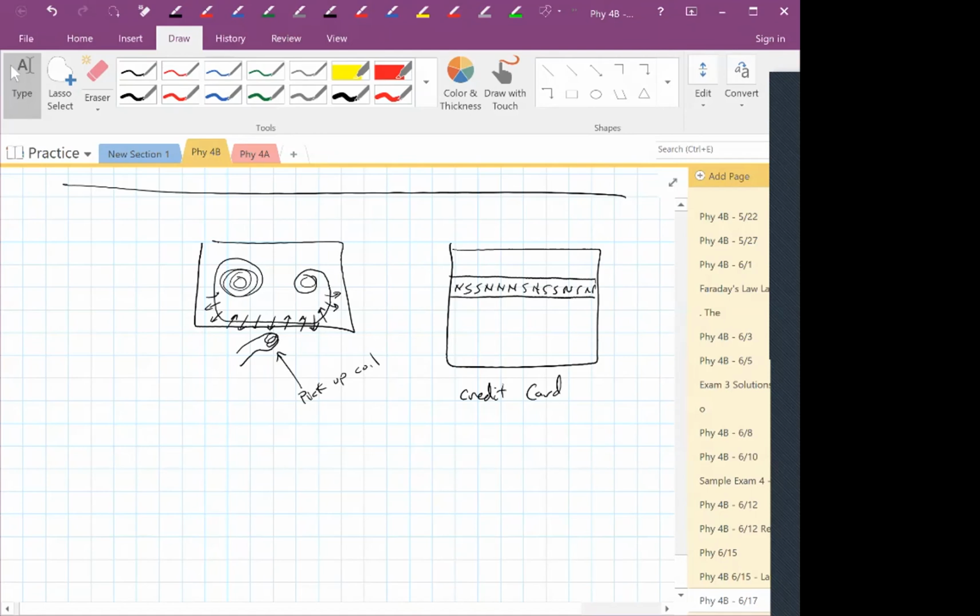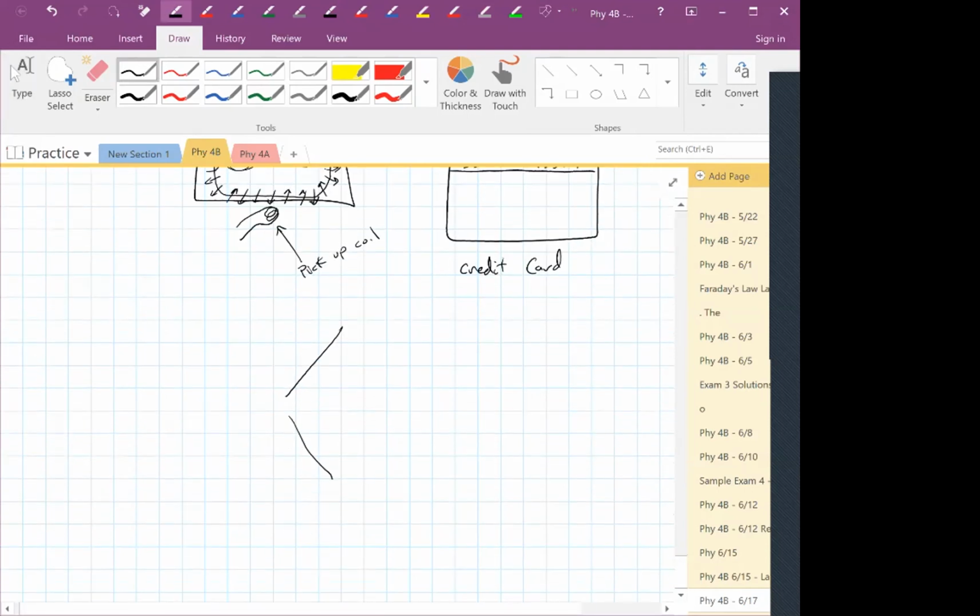And that can be detected and amplified, right? That's how a microphone works. And a speaker works exactly the opposite. There's a cone, right? Some kind of a cone shape on a speaker. And on the back of that cone, there's a magnet usually.